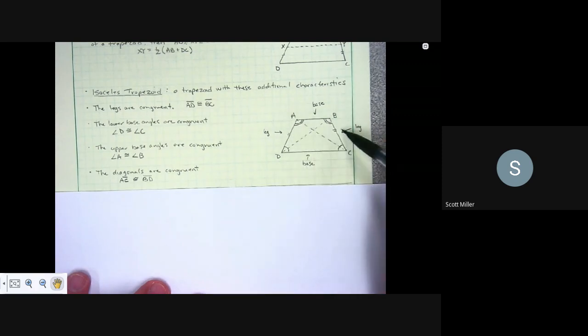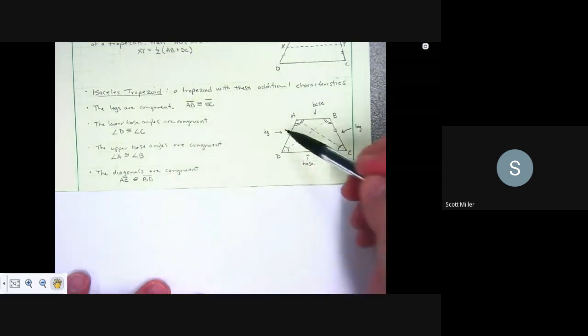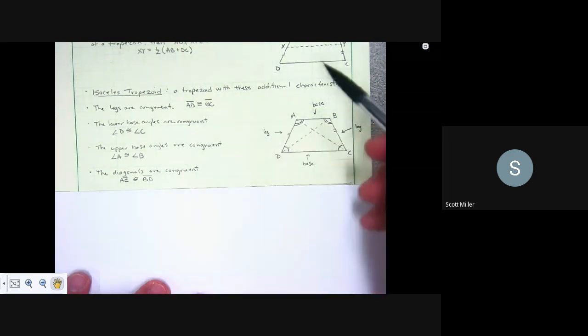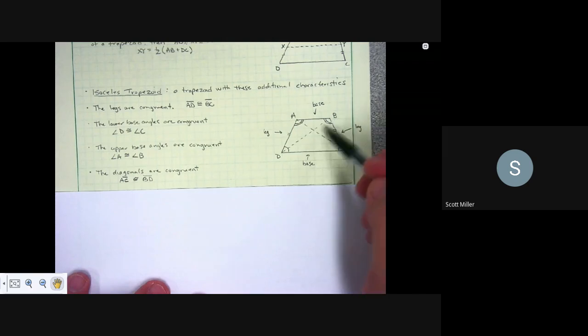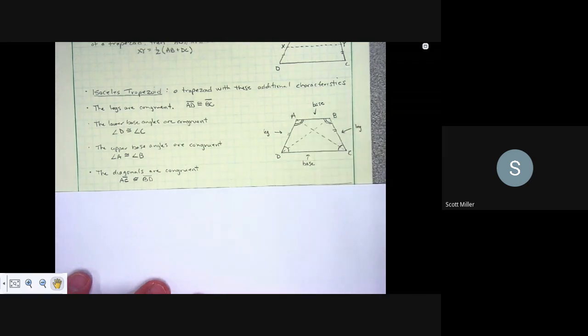These are called legs. In an isosceles trapezoid, the legs are congruent. So if my legs are congruent, then I know that the lower base angles will be congruent to each other. The upper base angles will be congruent to each other. And the diagonals will be congruent to each other.